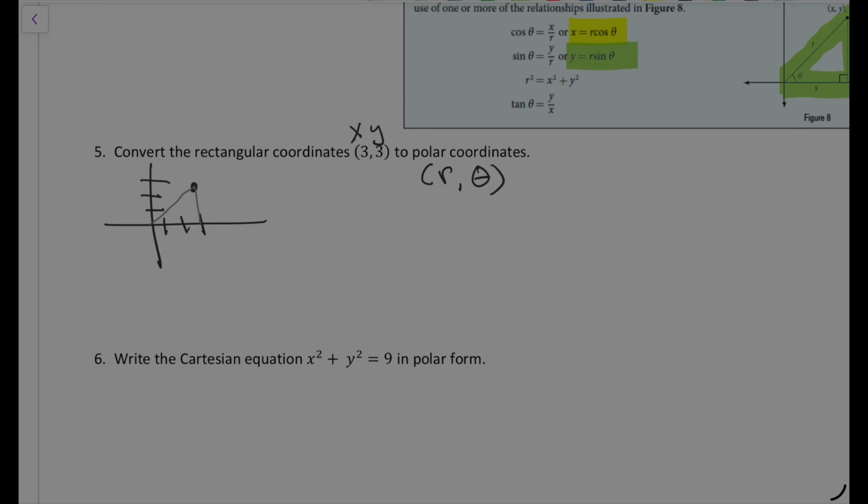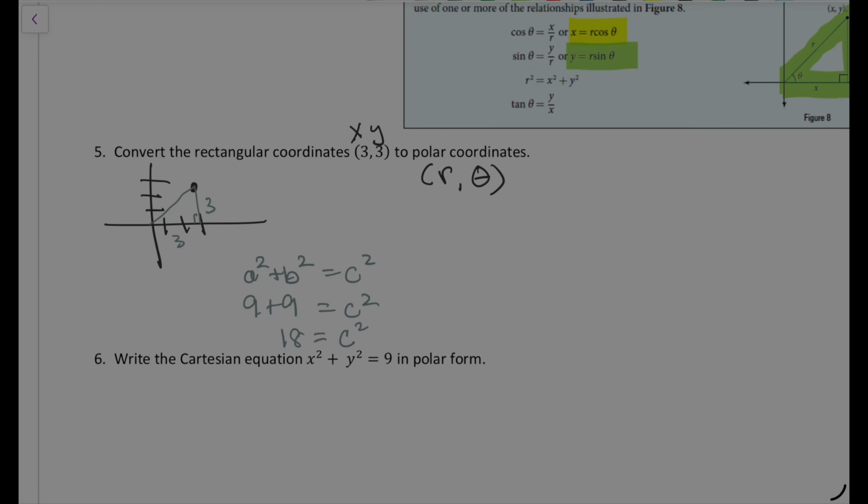This is what I'm looking at for a triangle. 3 there, 3 there. I can use the Pythagorean theorem to find the hypotenuse. So it would be 9 and another 9. So 18 is the hypotenuse squared. And the hypotenuse is c, which is r, right?